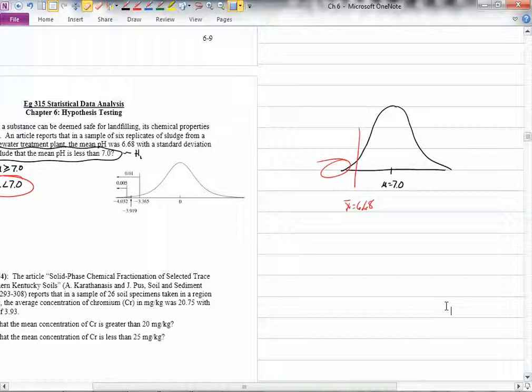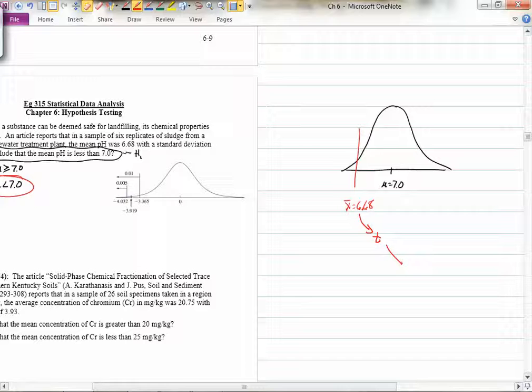Is this 6.68 way far in the tails or is it in the middle? We don't really know, right? So we have to get a number to figure that out. We need to get that x bar into a t and that into a p-value. Then we're going to compare it with our hurdle rate based on area, and we'll say, how does that compare with alpha?